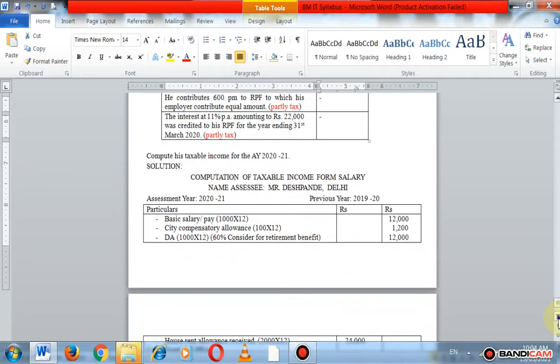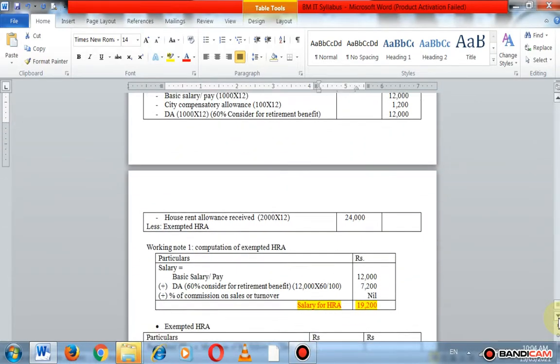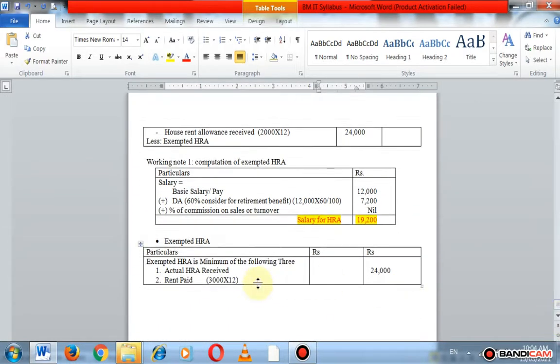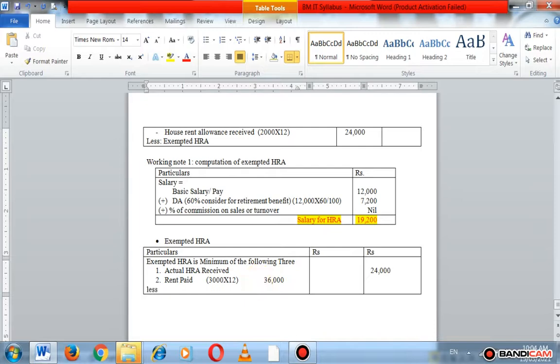So we compute the rent paid by the SAC, that is 36,000, less we deduct 10% of salary.